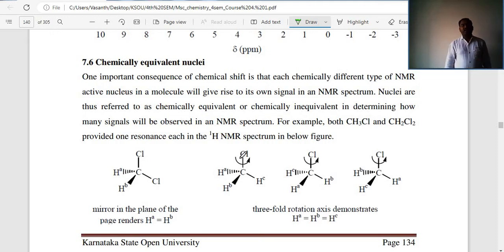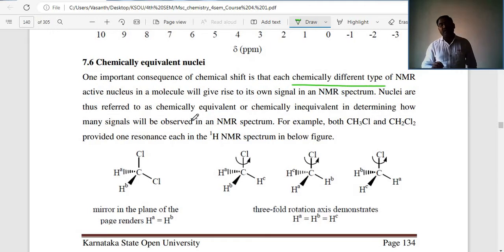One important consequence of chemical shift is that each chemically different type of NMR active nucleus in a molecule will give rise to its own signal in an NMR spectrum. The nuclei are thus referred to as chemically equivalent or chemically inequivalent in determining how many signals will be observed in an NMR spectrum.